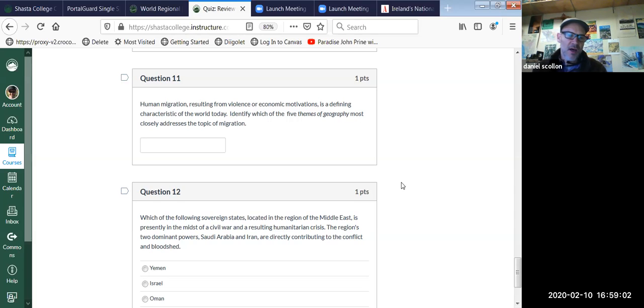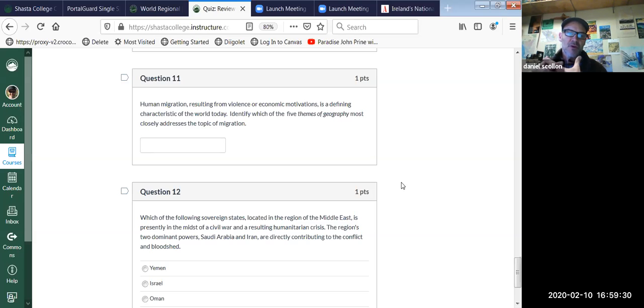And so if we review our 5 themes of geography, location, that's perhaps the most defining one, although human environment interactions is another one that really defines geography. Region, which is the guiding principle of our course, the concept of place, that each place is unique, and finally movement.